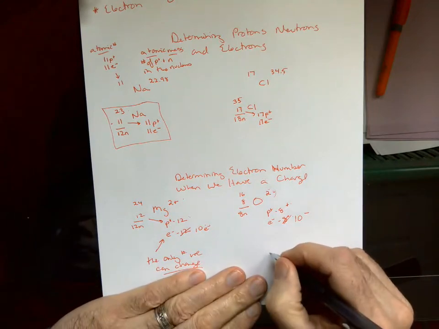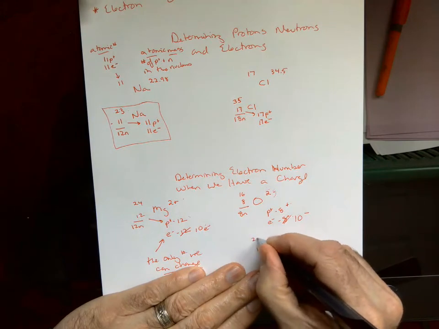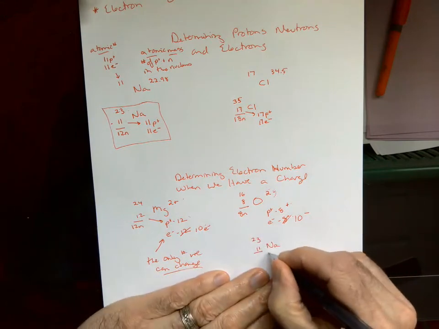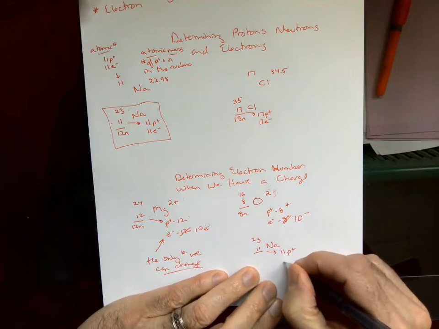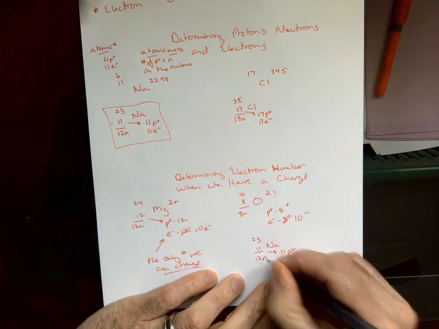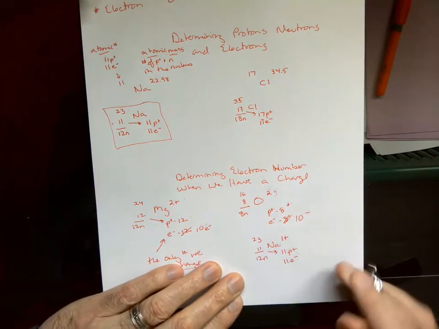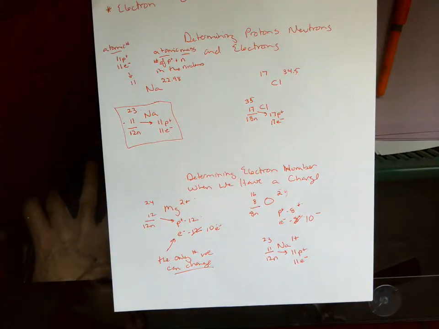Okay, I'm going to give you one to try. We have sodium, and sodium is 1 plus. Take a second and see if you can figure out how many protons and electrons we're going to have.